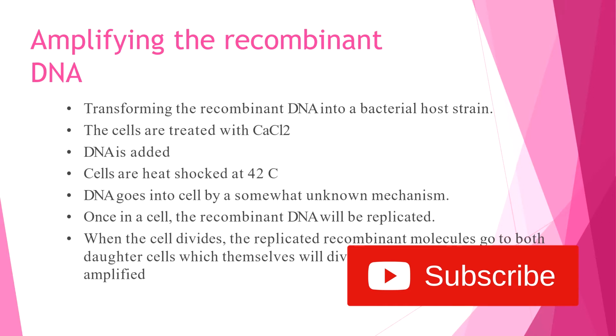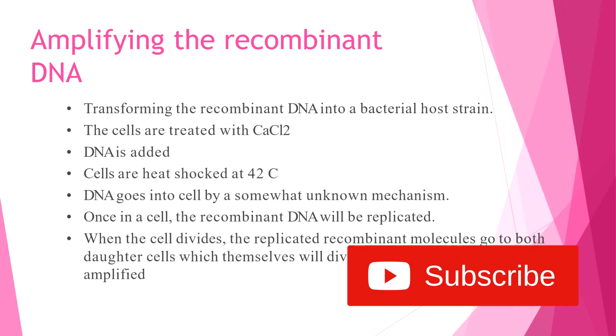For that, the cells are treated with calcium chloride so that the cells become competent, because not all cells are competent to take up foreign DNA. In order to enhance their capacity for transformation, we treat the cells with calcium chloride.